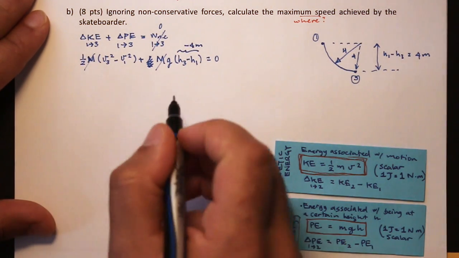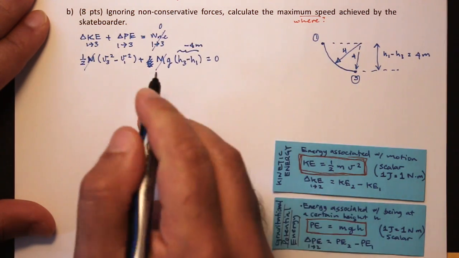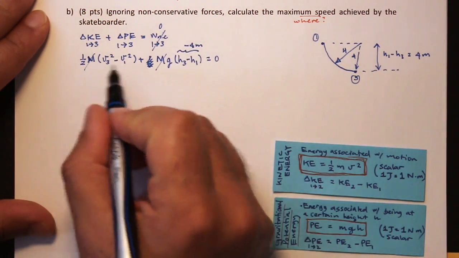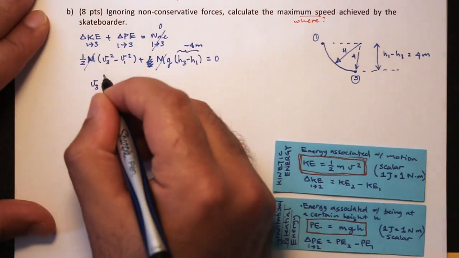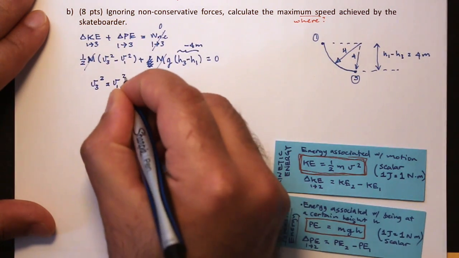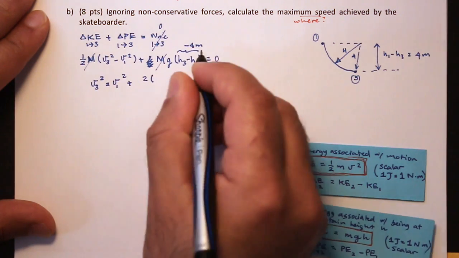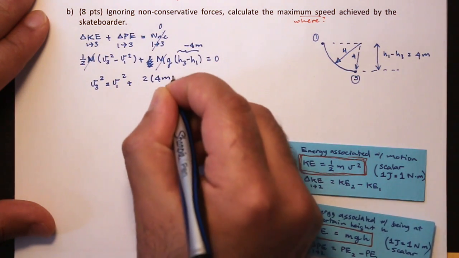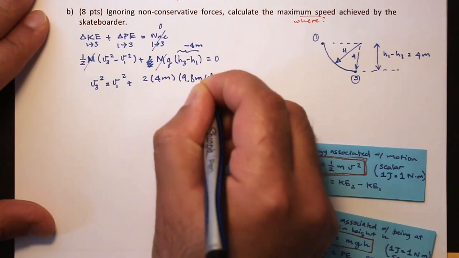So then I know that if I take it to the other side, it's going to be plus 4 meters, and then I multiply by 2. So I know that v3 squared is equal to v1 squared plus 2 times 4 meters times 9.8 meters per second squared.